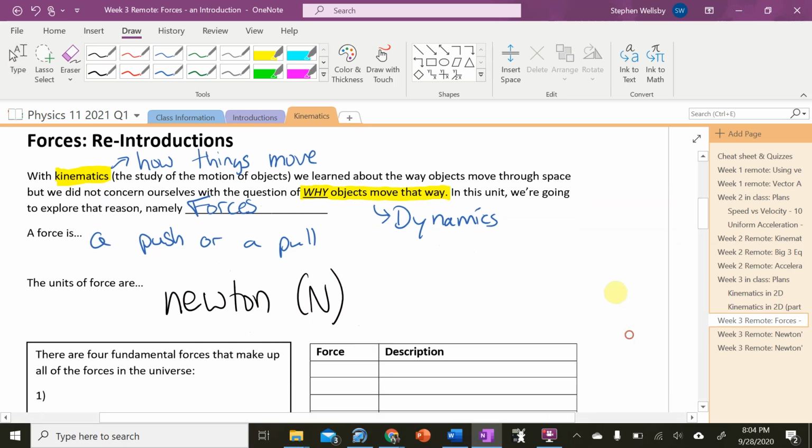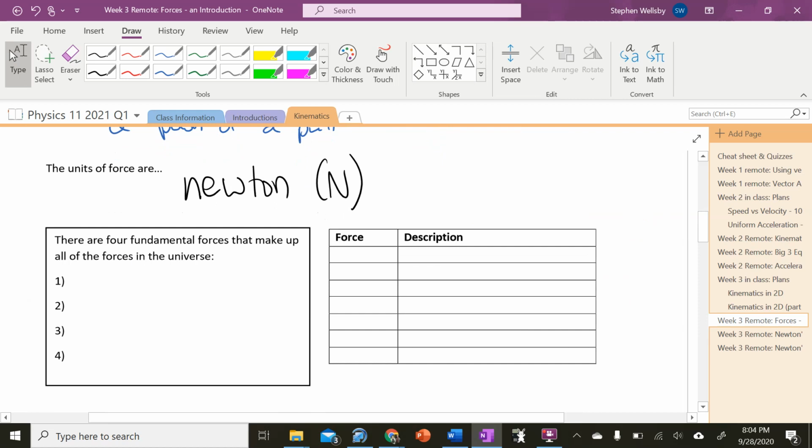Now, in the universe, there are four main forces, and you've probably heard of a few of these, but likely not all of them. Those four main forces are gravity, and then we have the electromagnetic force, and lastly, we have two forces that we don't really experience on a daily basis, but they're involved with interactions between particles in a nucleus or in an atom.